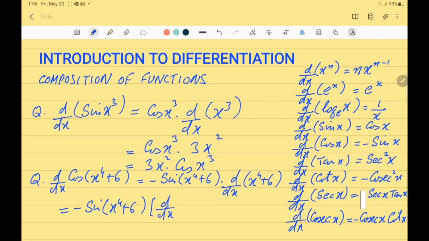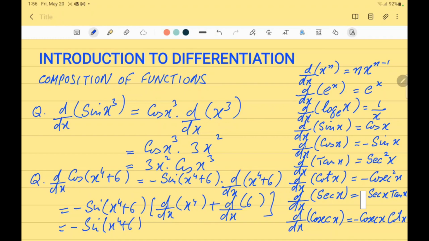It will be d by dx of x^4 plus d by dx of 6. Minus sine x^4 plus 6.